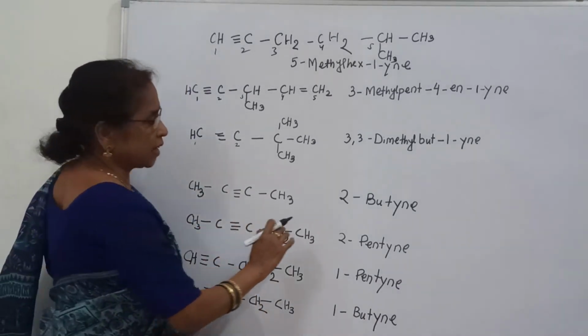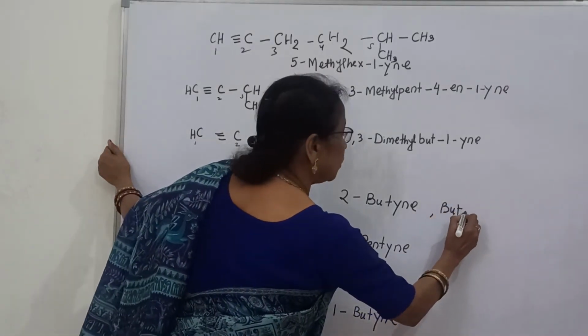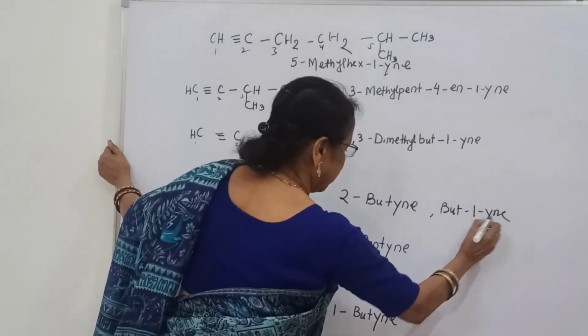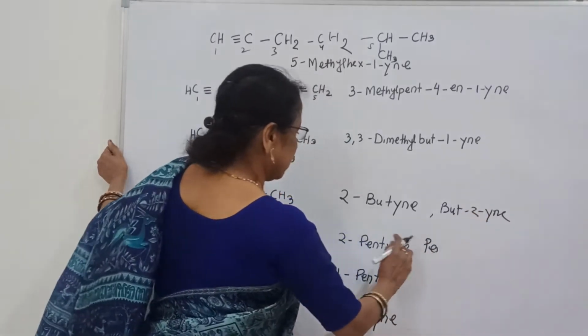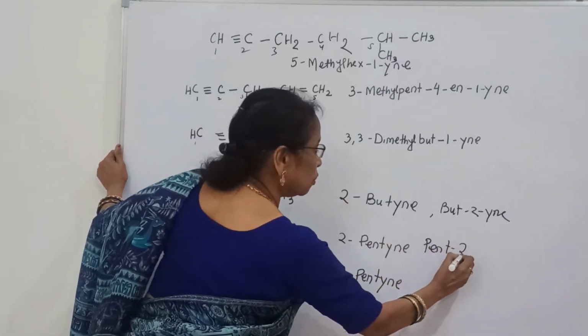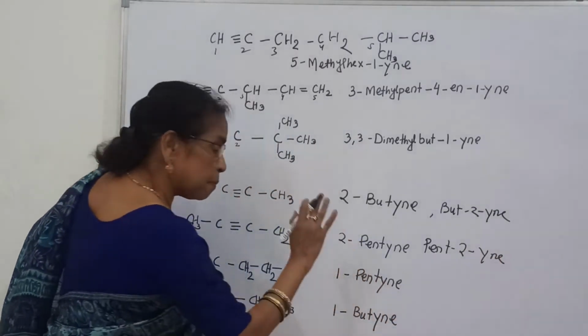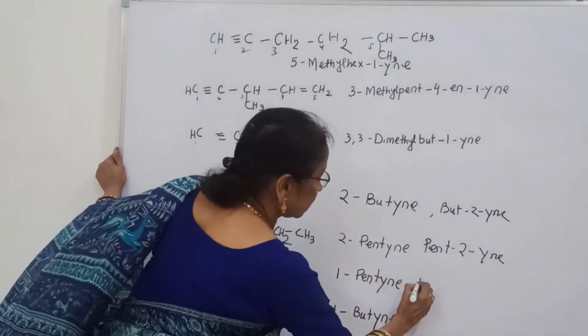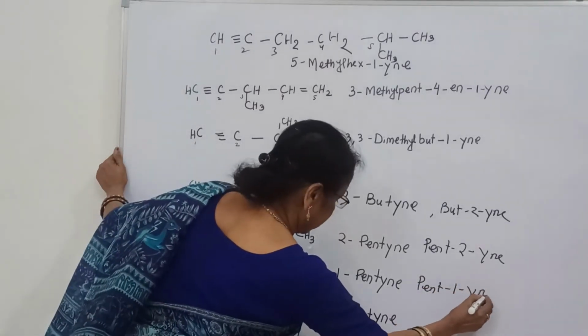You can write like this also, but-1-yne, pent, sorry, not 1, 2. Similarly, pent-2-yne, and here pent-1-yne.